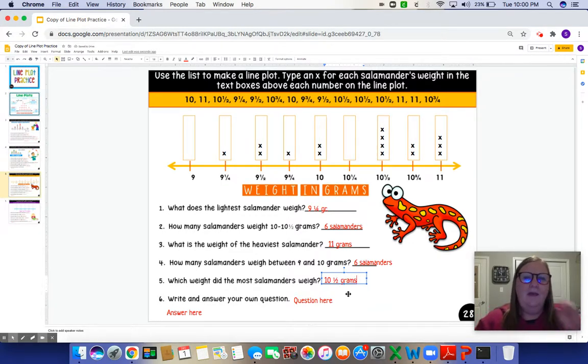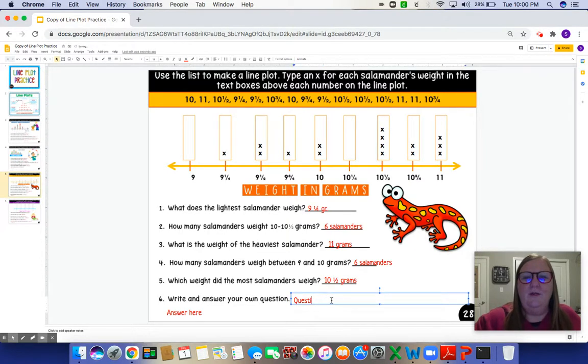And then the last one says, write and answer your own question. So you're going to think of your own question to ask. And I'm going to say, how many salamanders were weighed all together?